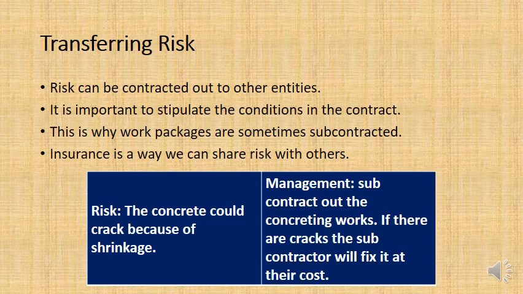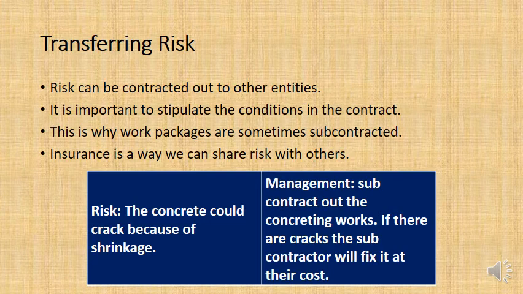Now, the transferring of risk. This is where the risk itself does not actually change. The impact or the probability doesn't change, but it's being passed on to another entity, to another company potentially.